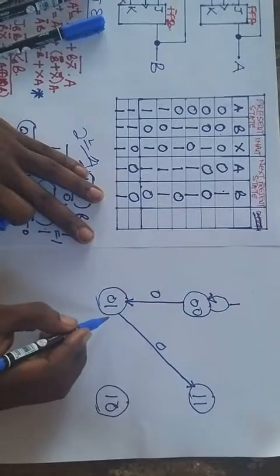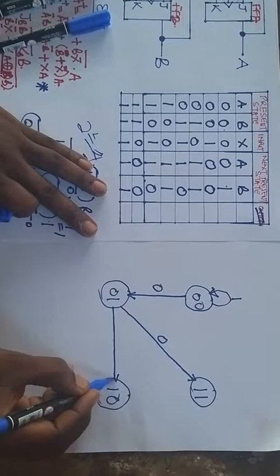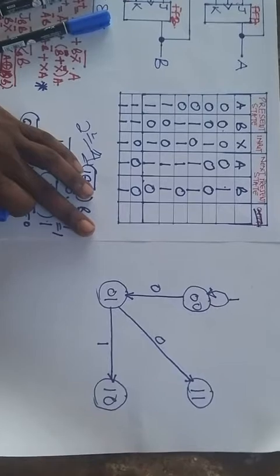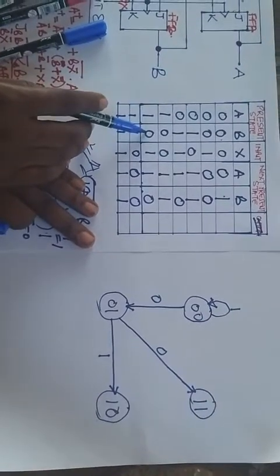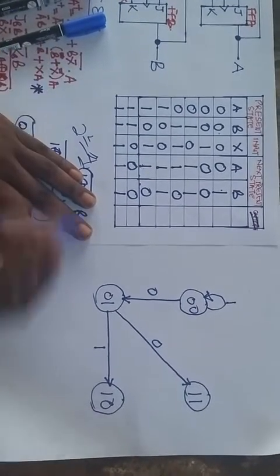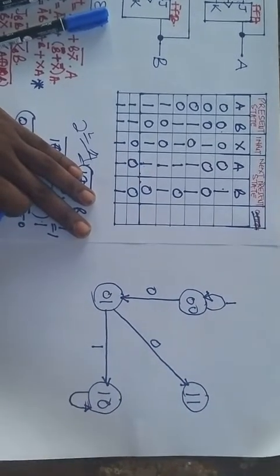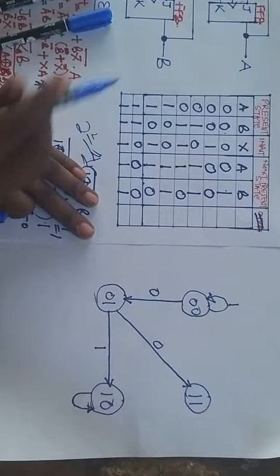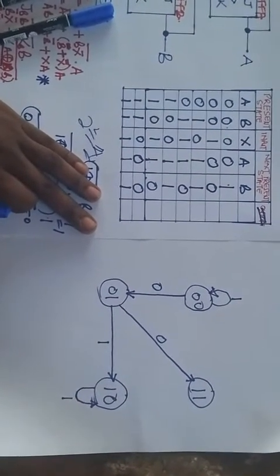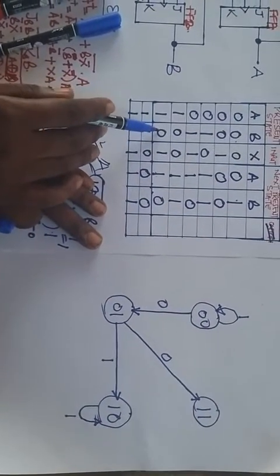So at 01, it went to 10 when the input is 1. Okay, now at 10, it still remains at 10, which means no change, right? So at 10, it still remains at 10 when we fed 1 at the input.